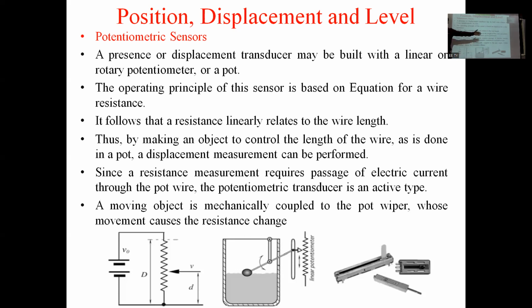We are connecting some external voltage source. If the length changes, त्याची length change झाली म्हणजे resistance change झाला, it will be a variable resistance. So if there is a variable resistance and some current flowing through that resistance, the potential drop across it also changes. Okay, so this is a potentiometric type of sensor.